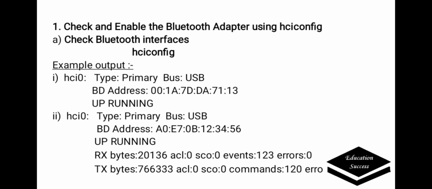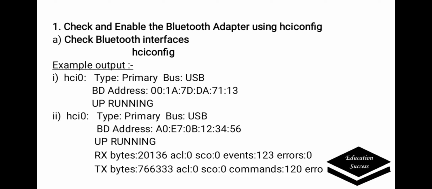So the first step is to check and enable the Bluetooth adapter using the hciconfig command. First we will check the Bluetooth interfaces. To check the Bluetooth interfaces, the first command is hciconfig. hciconfig will give you some output like hci0. See an example output, hci0. Type is primary, bus is USB, and BD address means Bluetooth address.